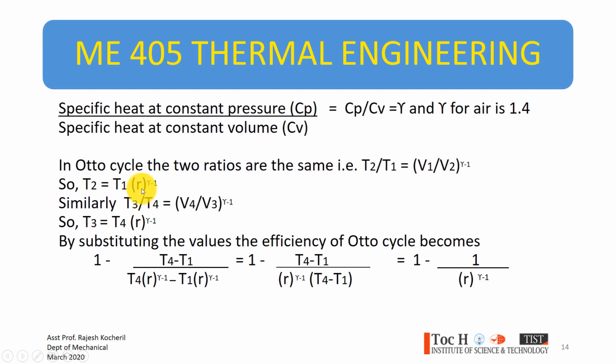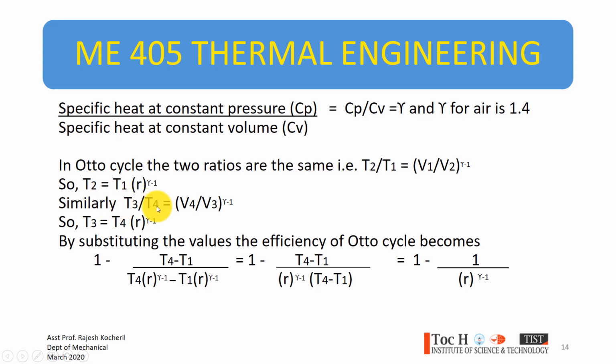Why r raised to gamma minus 1? Because r is V1 by V2, or you can say T1 into (V1 by V2) raised to gamma minus 1, whereas V1 by V2 is r. So in simple terms, if you know the compression ratio and the temperature at salient point 1, you can find out the temperature at salient point 2.